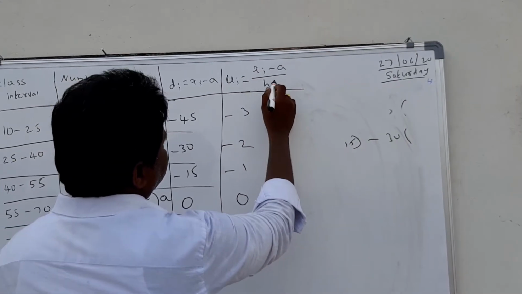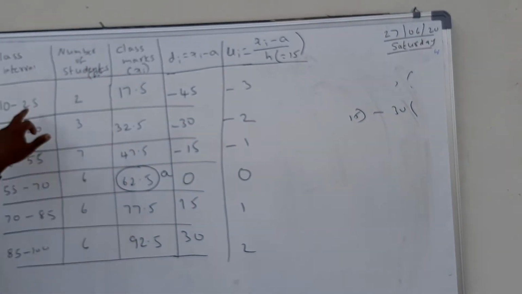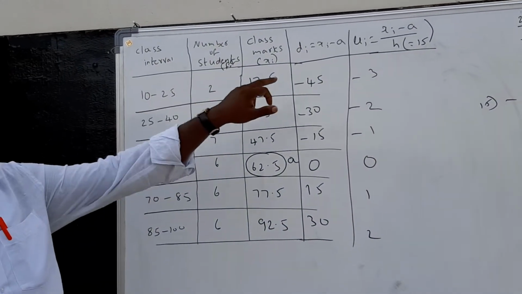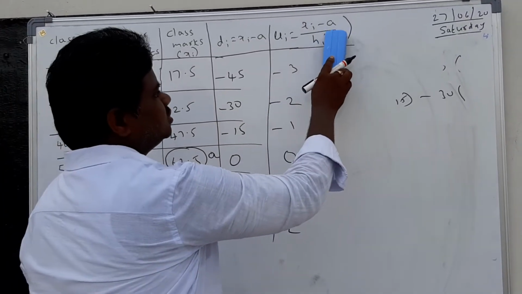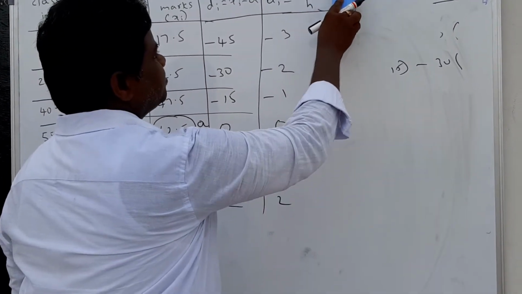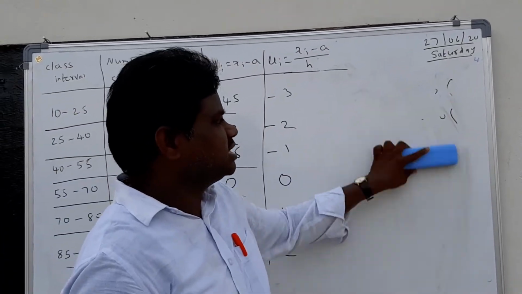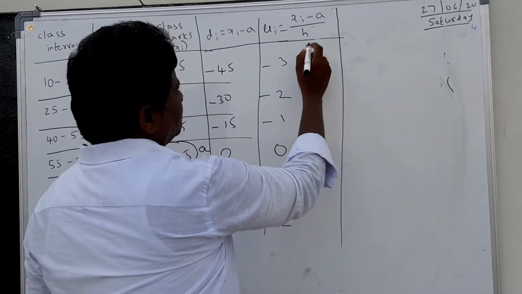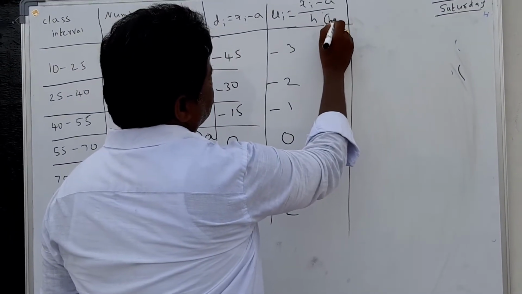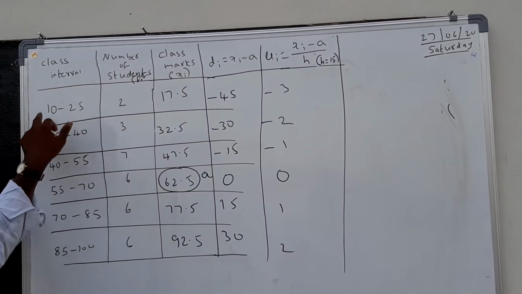Here h is equal to how much? 15. h is equal to 25 minus 10, which is 15. What is the formula? ui is equal to xi minus a by h. Here h is equal to 15, that is the size of the class.